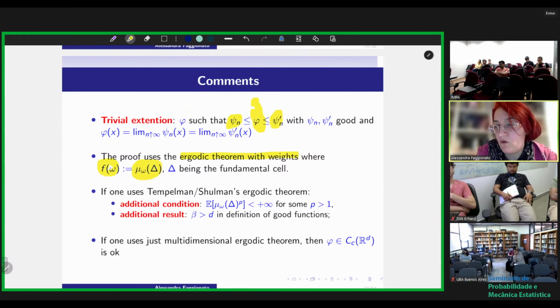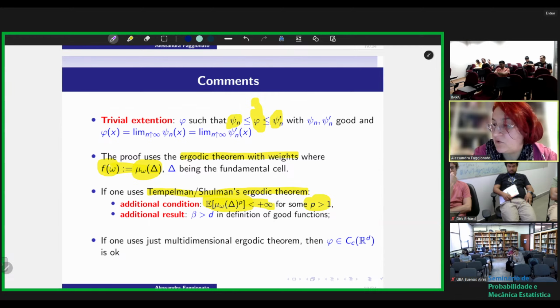on the other hand, before having this theorem, I applied the Tempelman and Schulman's ergodic theorem, but in order to have the ergodic theorem for the random measure with this function here, you have to require this extra condition, because you need that the function f is in LP, with p strictly larger than 1.